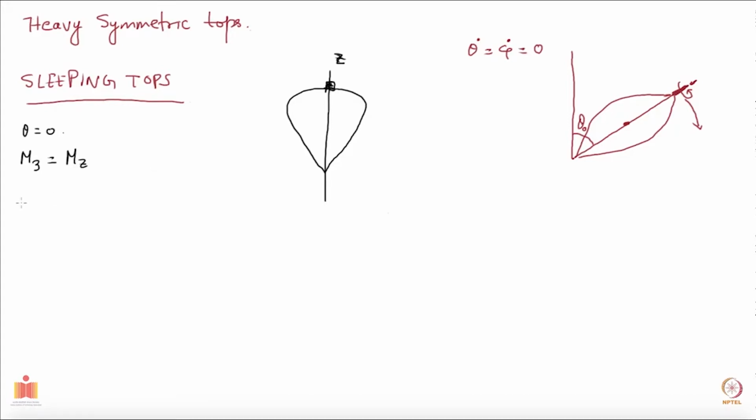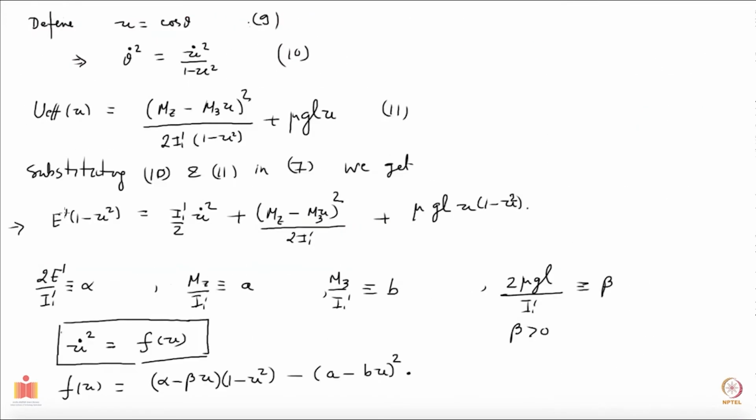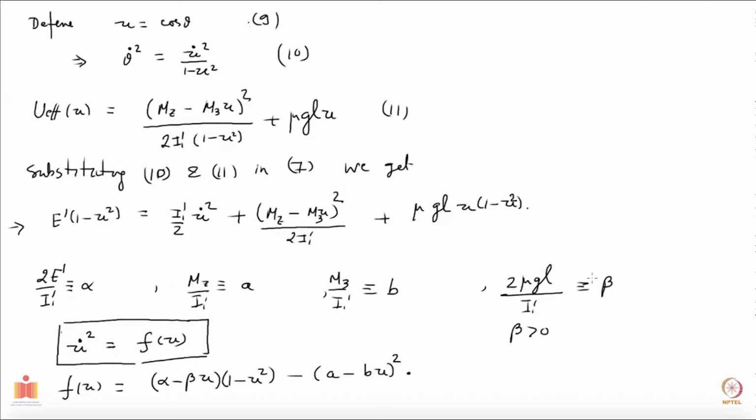Now let's look at the effective potential energy, which we wrote down some time back. Yes, here. This is in terms of U, equation 11, but I want it in terms of theta. So this is the expression we had. Let me write it down again.